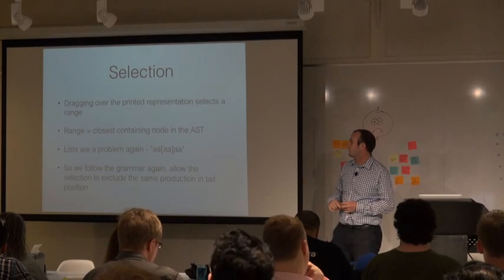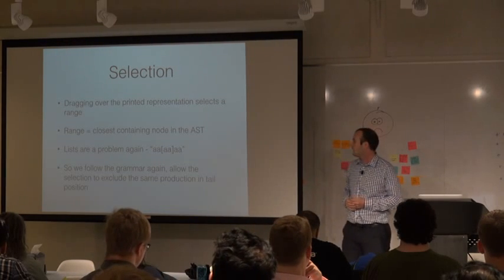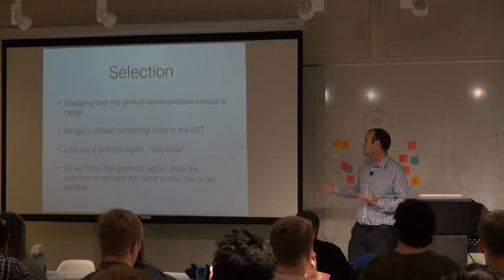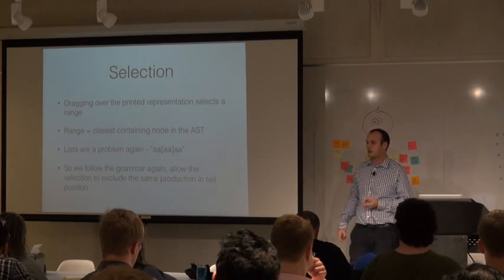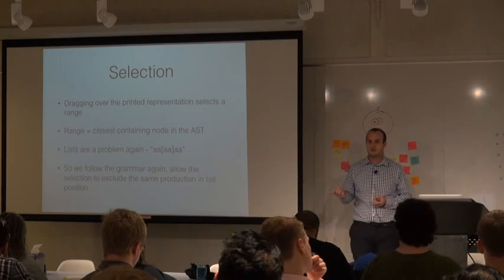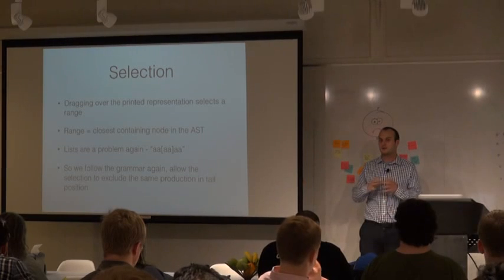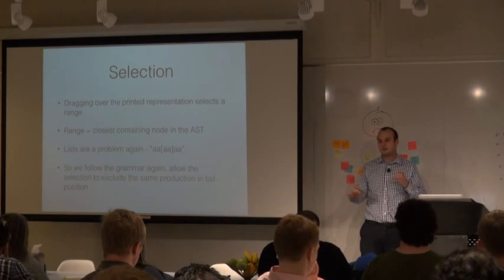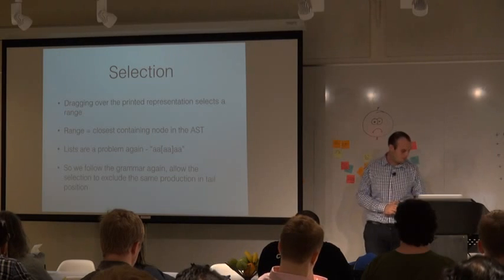But if you're selecting a node in the tree, then the last four A's would all be the tail node. And the solution to that is basically the same idea: have a special case for tail recursive grammars, and in that case allow a selection of node 1 minus node 2, which is the same production.